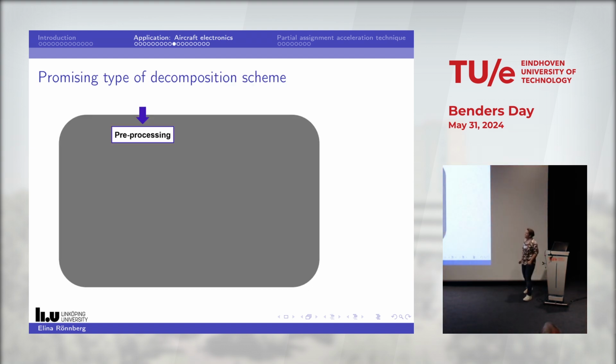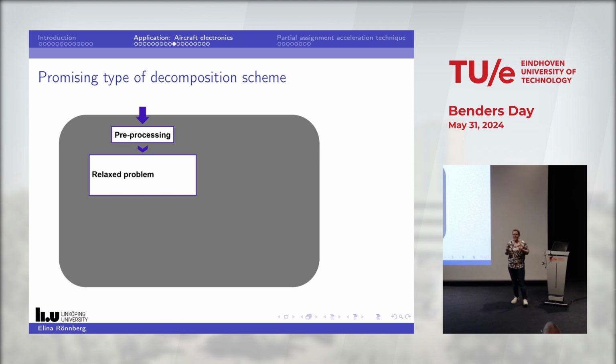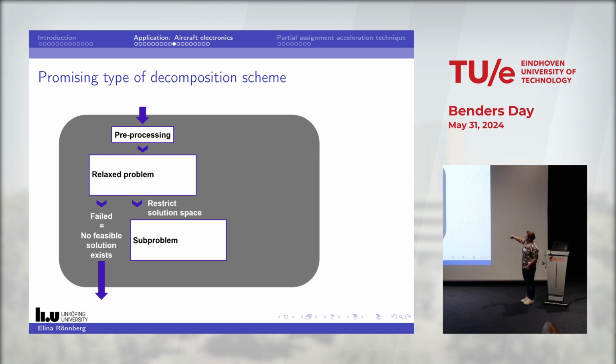And what I would say is a promising type of decomposition scheme would be something like this: some pre-processing, solve a relaxed problem. Now we're back to the idea that we should prove infeasibility or find a schedule. Because if this relaxed problem helps us prove infeasibility, that's a good thing, right? And then we can restrict the solution space and solve a subproblem.